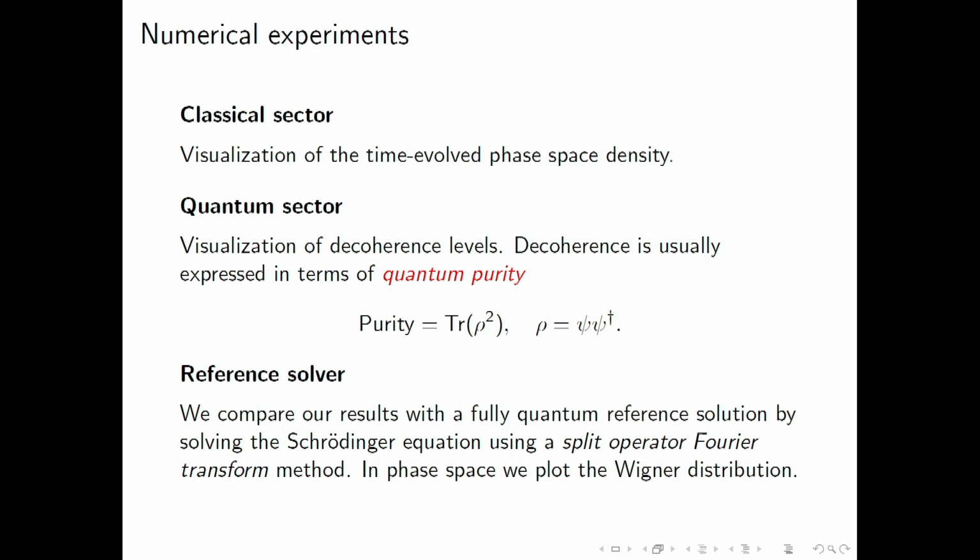For the reference solution, we use a fully quantum solver for the Schrödinger equation, which is performed by a split operator Fourier transform method. And in the classical space, we plot the Wigner distribution to compare.